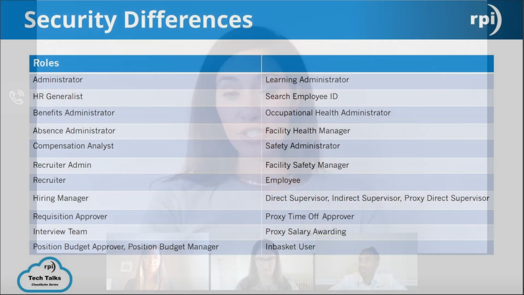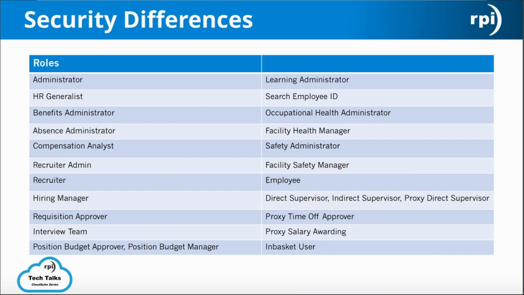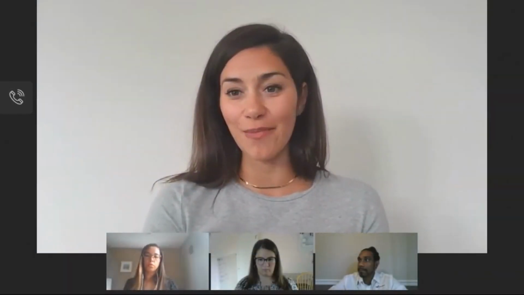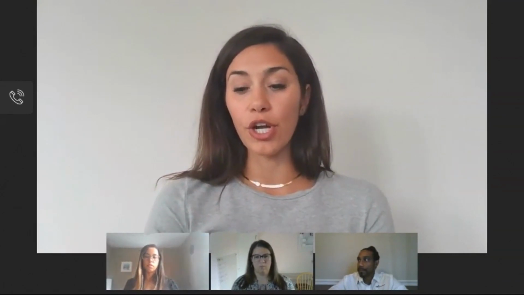Security differences. Within S3, we're used to LSF or Lawson security, and you kind of had to build those security classes and roles from scratch. You could select whether you wanted inquiry, previous, next, update, add, change, delete access on a user. Within GHR, it's a little bit different.